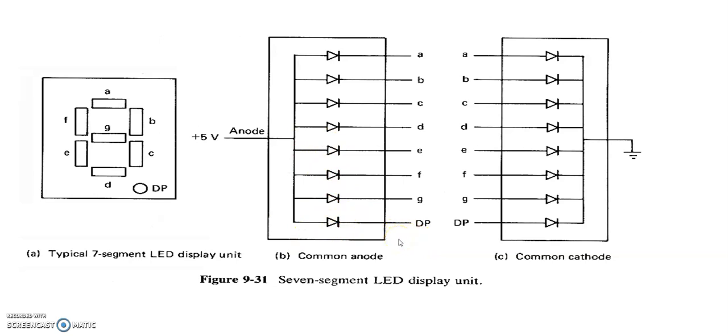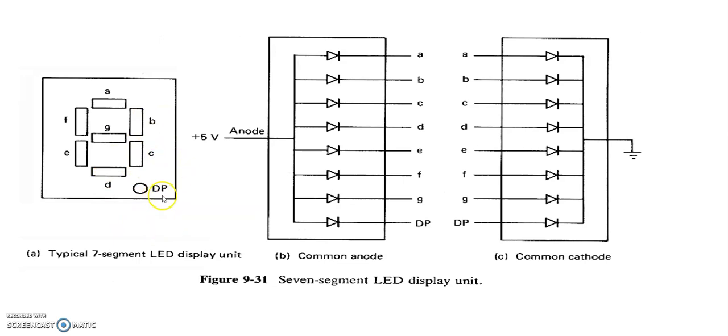Suppose we want to display the digit 1. All segments except B and C should be off, so here I am taking logic 0. That means the hexadecimal value is F9.